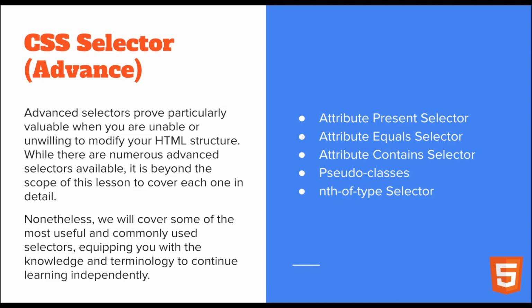So we have attribute present selector, attribute equal selector, attribute contain selector, pseudo classes, and end of type selector. So when I'm using each of these, you're going to see them. Don't let the name scare you. Once we get into the code, you will see how I use them.